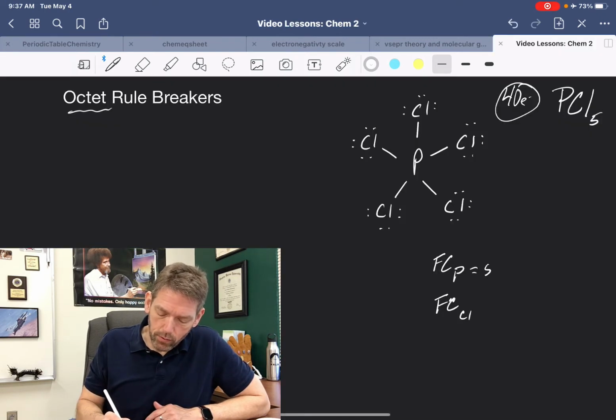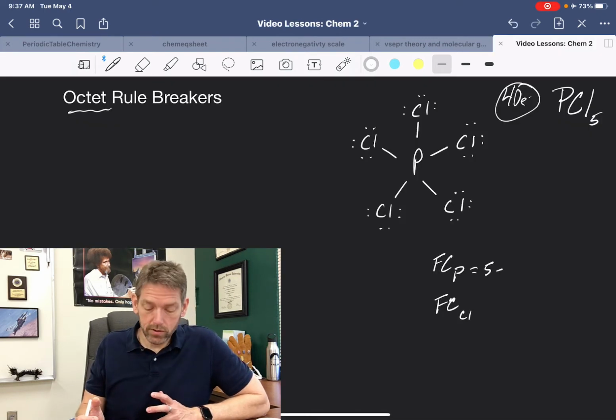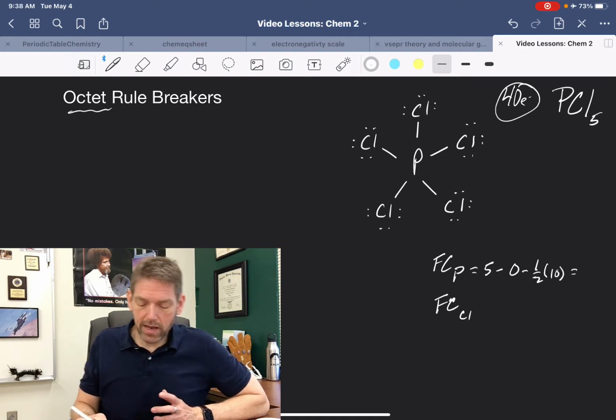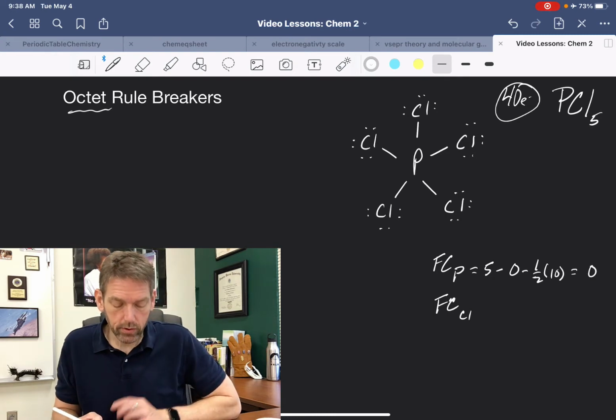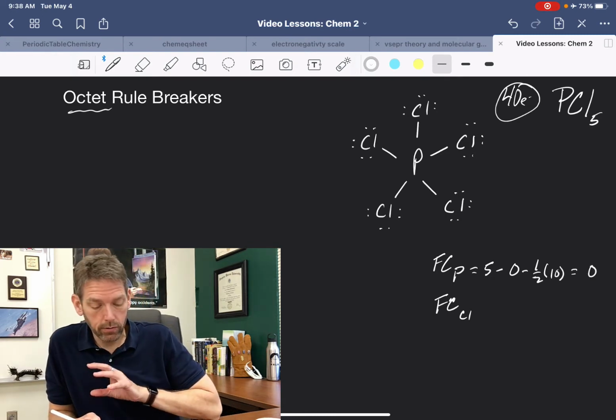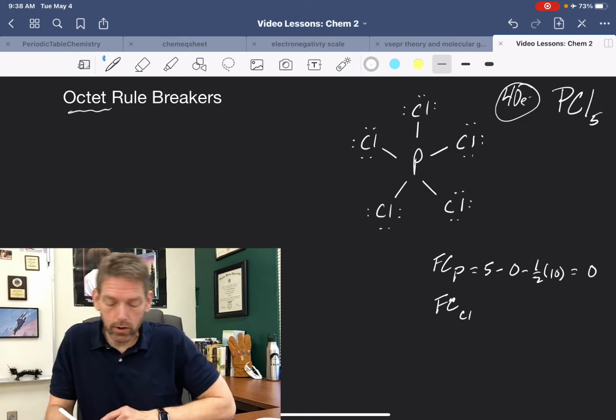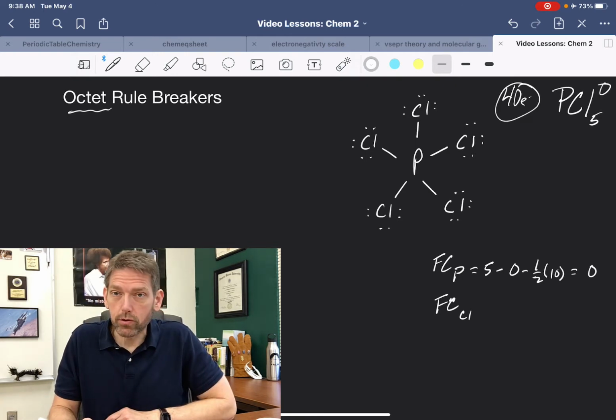So phosphorus, group 5, minus the number of electrons that are in lone pairs, we see that that's 0, minus half the number of electrons in bonds, that's 10. So 5 minus half of 10 is 5, so that's 0. So the central atom is carrying a zero charge. So far this is good because remember, there's a zero charge on this particular molecule.